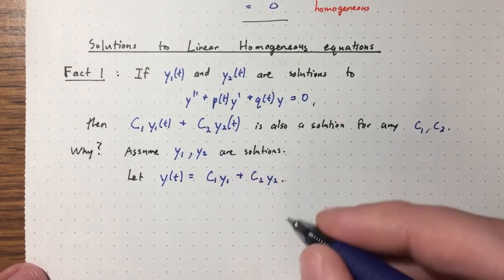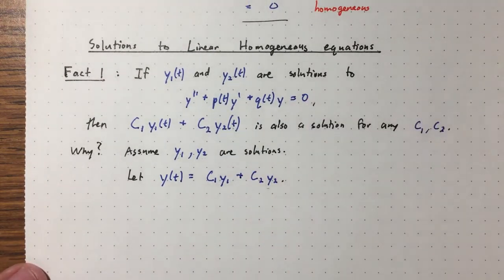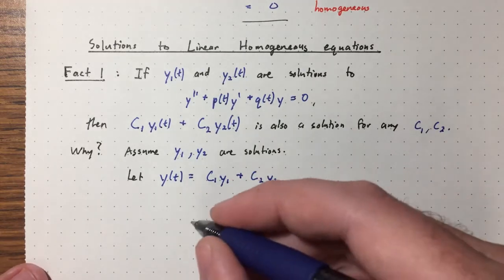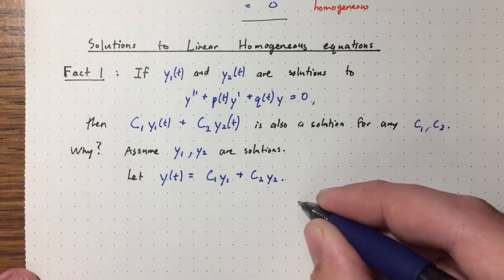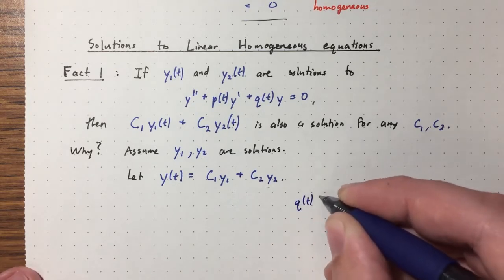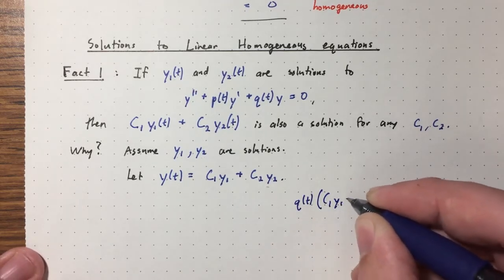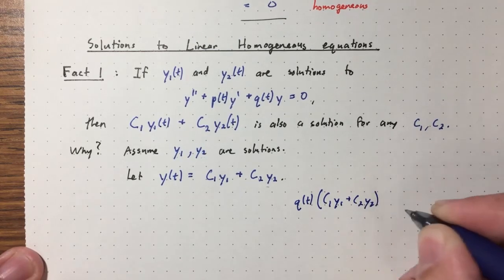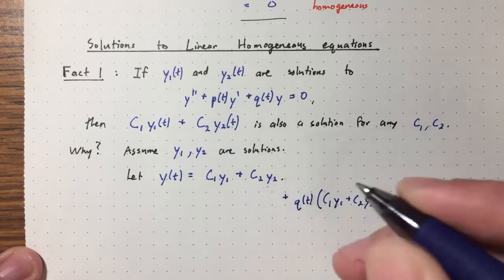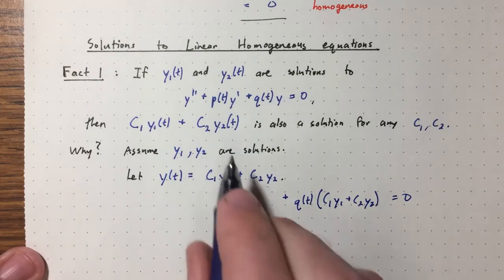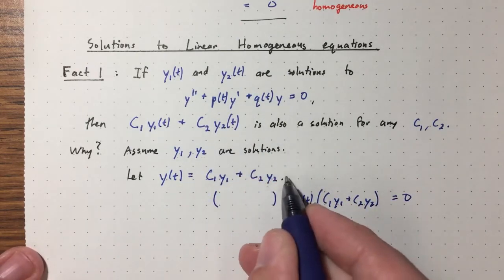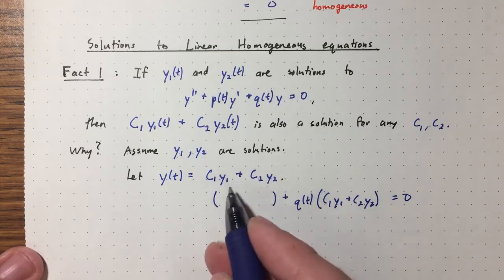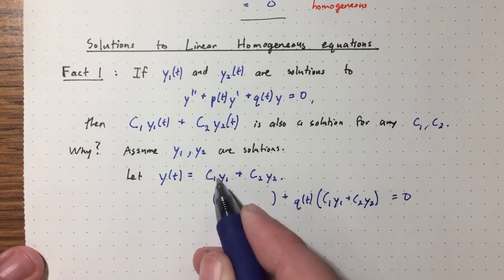So I'm going to plug this in for y. Let me write out the differential equation. I'll write it from this side. So q of t times this thing, c1 y1 plus c2 y2, equals 0. And then what do I have to put for y prime? Well, I know how to take the derivative of that. It's just a sum, and these are constants.